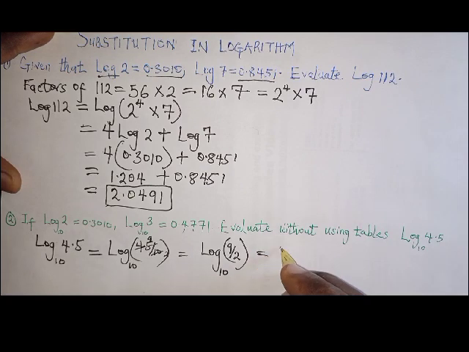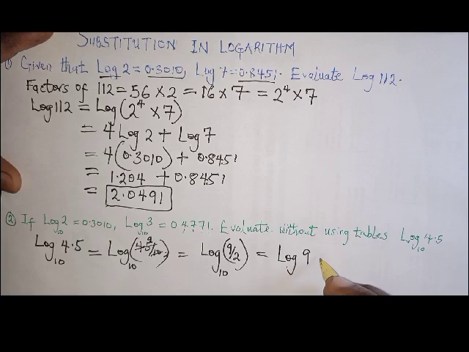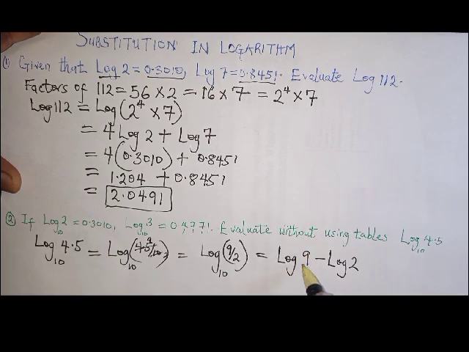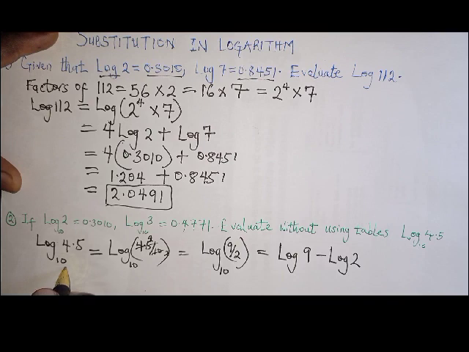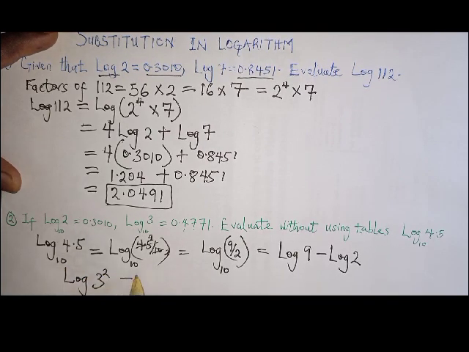So this is going to be log 9 minus log 2. But I can break 9 down further into 3 squared. So this is going to give me log 3 raised to power 2 minus log 2.